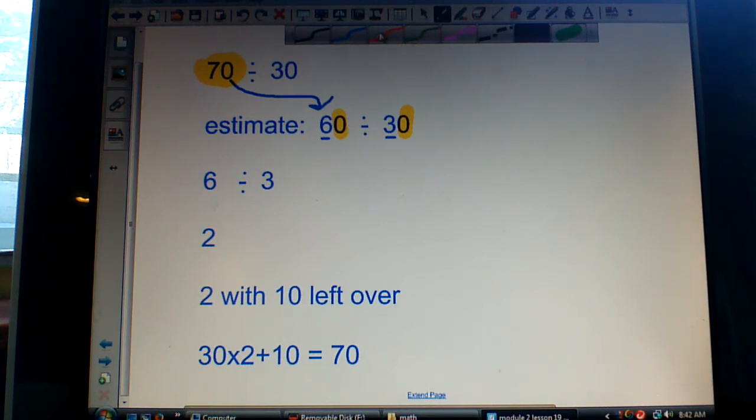Okay, so step 1 is we're estimating. Step 2, we're finding the answer once we divide by 10. So that's the answer.